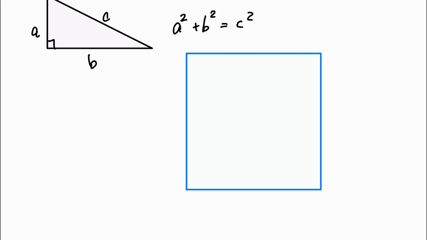So if we have this side length a plus b, divide it up like this, then each side would be a, and these sides would be b, b, b, and b.